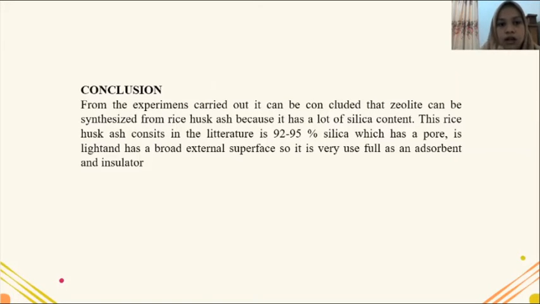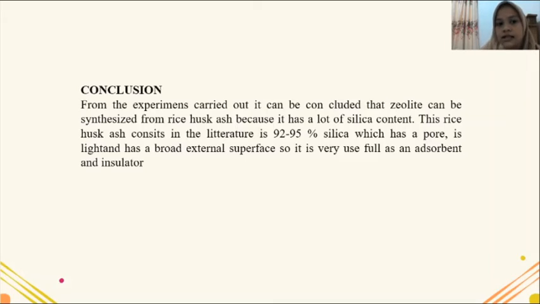Conclusion: From the experiment carried out, it can be concluded that zeolite can be synthesized from rice husk because it has a lot of silica content.